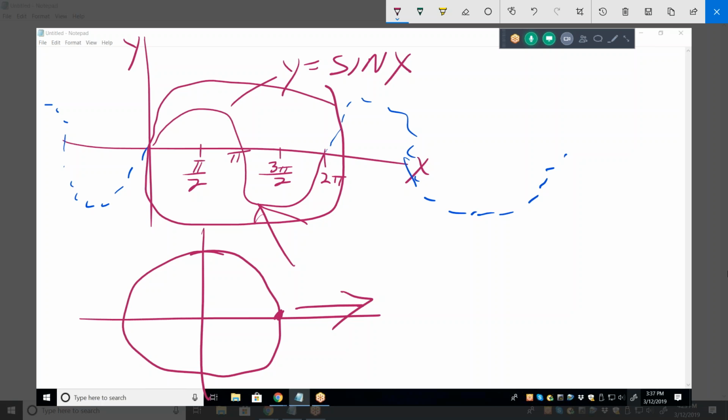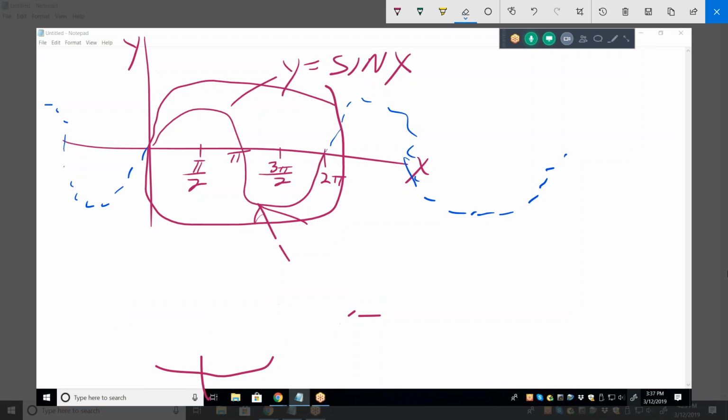In other words, you don't have to know the correlation. What you have to know is the graph. You need to be able to draw the sine curve, the cosine curve, and the tangent curve. That's another thing you want to memorize.